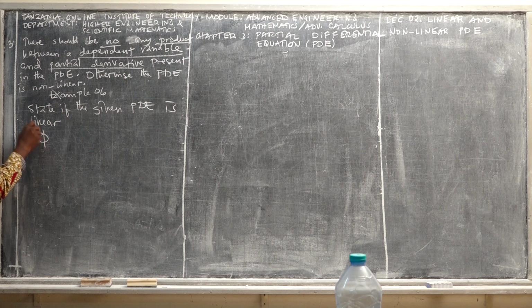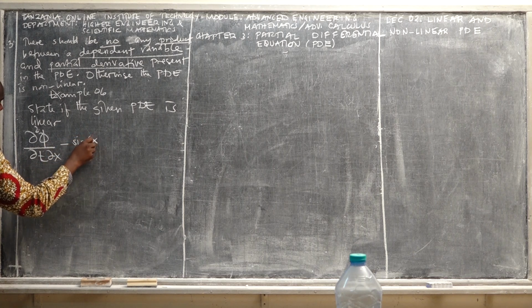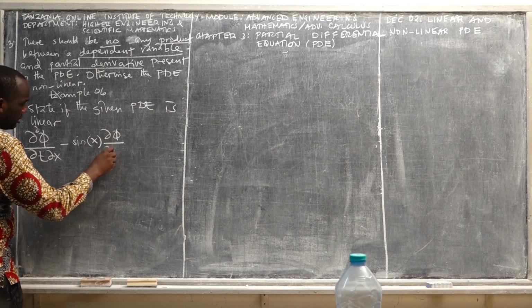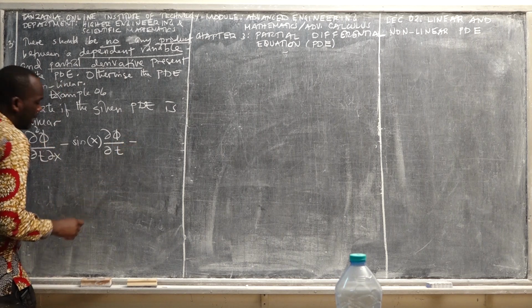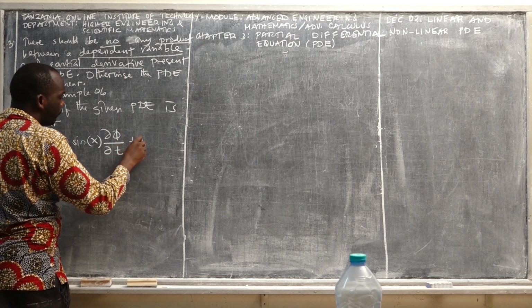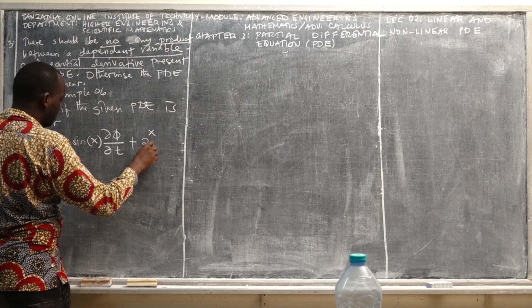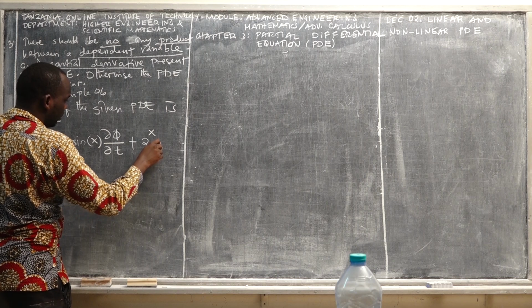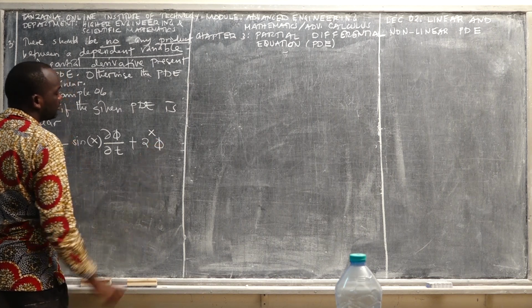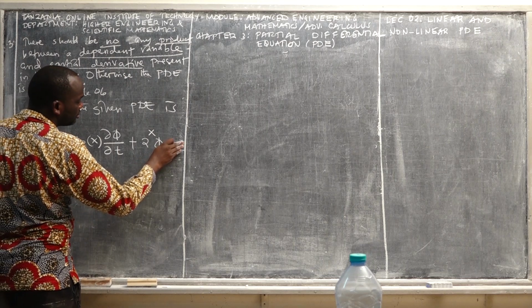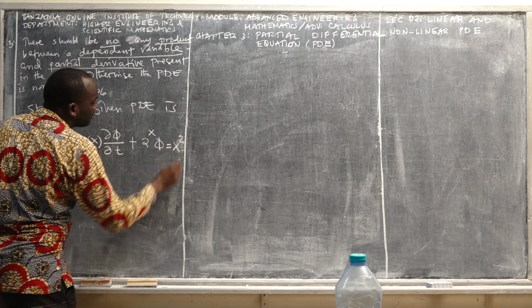So ∂φ/∂t with respect to x, minus sin x times ∂ψ/∂t, plus 2 power x times ψ, is equal to x squared.